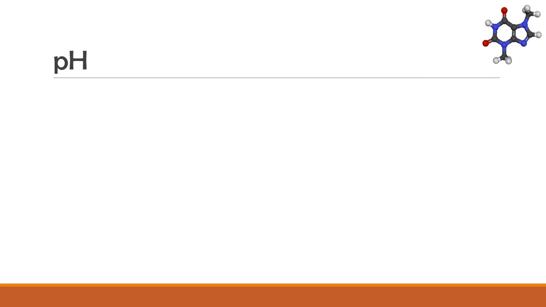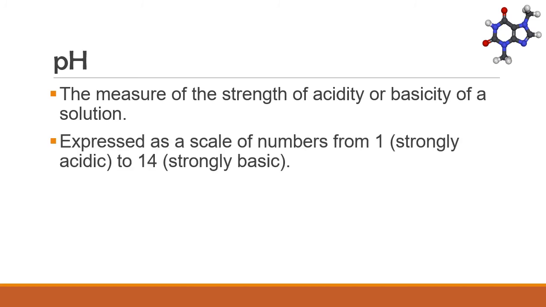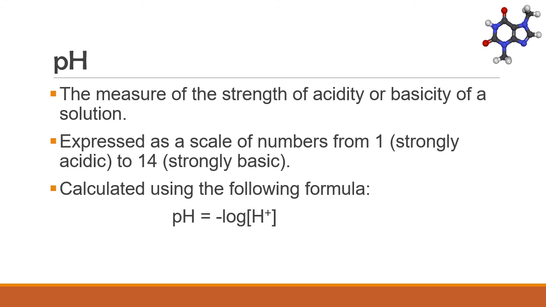How do we know that an acid or base is strong or weak? We can put numerical values for a solution using the concept of pH. pH is defined as the measure of the strength of acidity or basicity of a solution. It is expressed as a scale of numbers from 1 being strongly acidic to 14 being strongly basic.